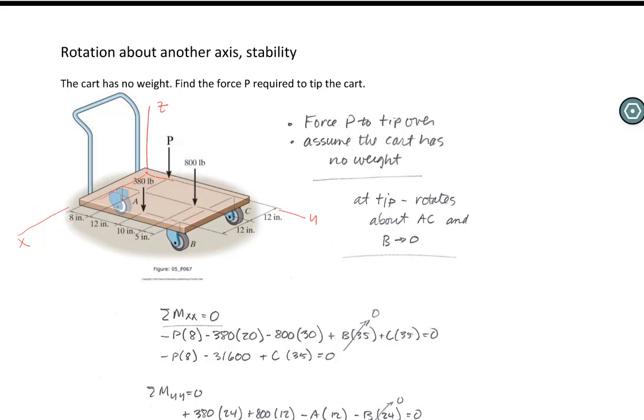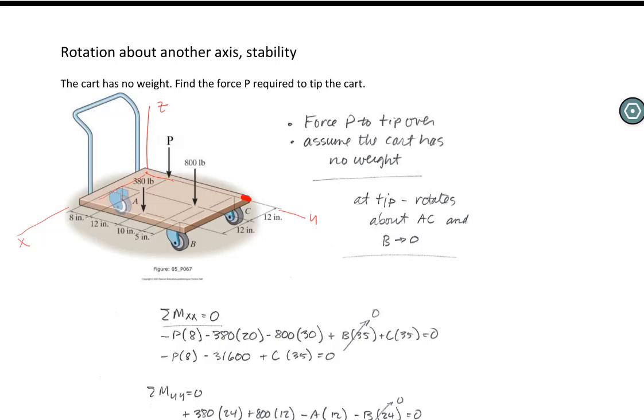All of those are going in that direction. What goes in the other direction is the reaction here at C, and it's going to go this way. So I'll say C, and the lever arm here is this full 35 inches over here. I can also put the B in here, but we have identified that B is equal to 0, and so now I have an equation of P and C, which are both unknowns.